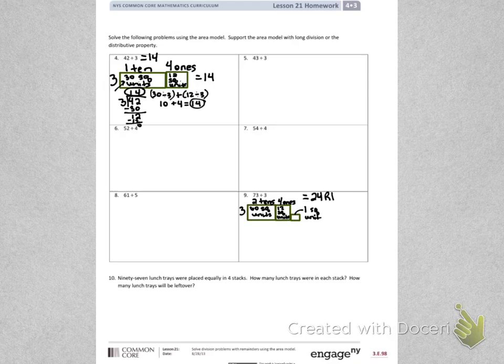Let's go ahead and check this with the long division model. We're going to take 73 and divide it by 3. So 3 ones divided into 7 tens, that's going to be 2 tens. So now we can multiply to get the area. 2 tens times 3 ones, that's going to make 60.